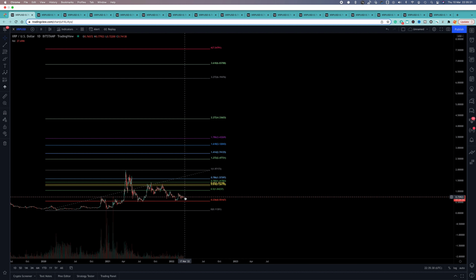XRP's double value is the extra, the on-demand liquidity. When values are being exchanged instantly between all different types of value, XRP and a bunch of other coins will be used as the on-demand liquidity.